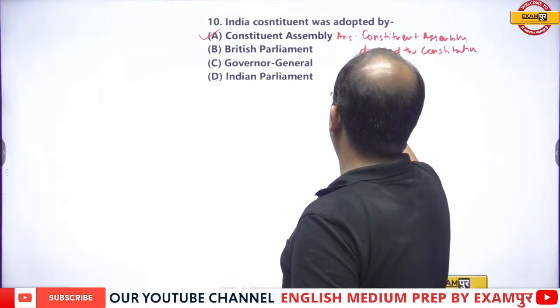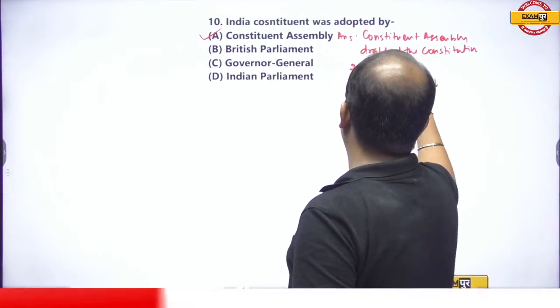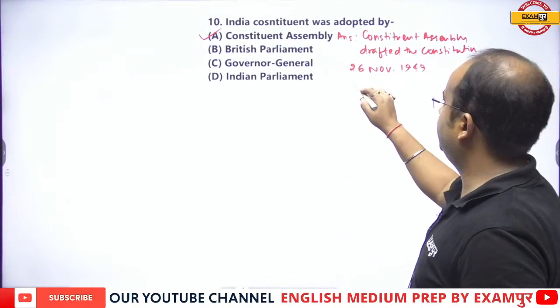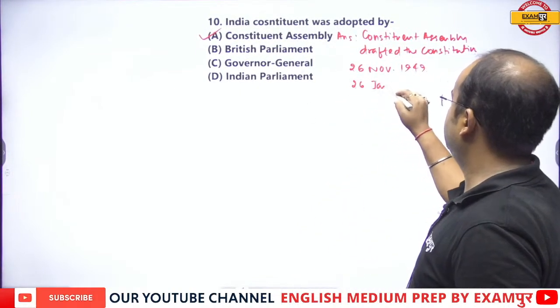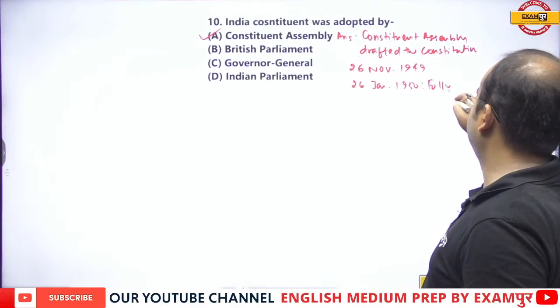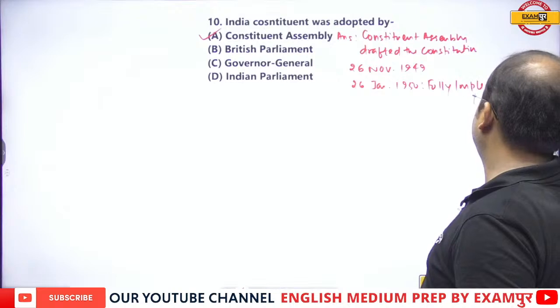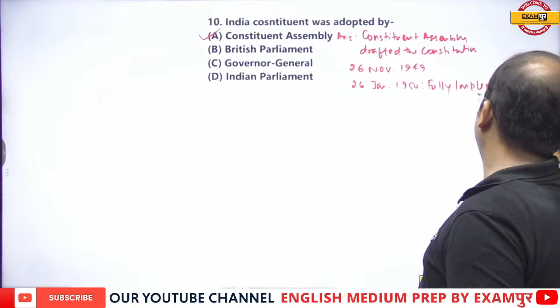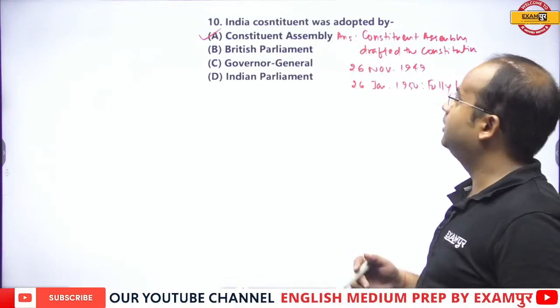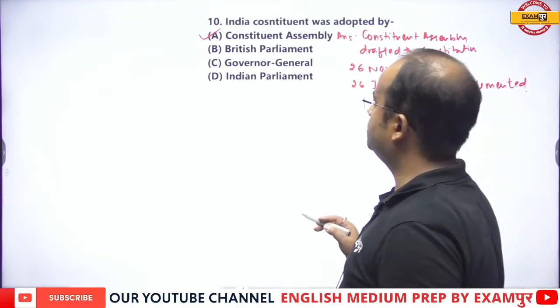And on 26 November 1949, it was fully completed, and on 26 January 1950, it was fully implemented. So it was the Constituent Assembly who adopted the Constitution of India.